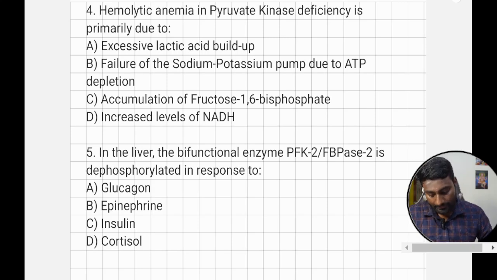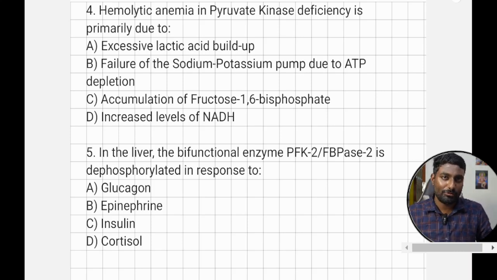Now see it. Hemolytic anemia in pyruvate kinase deficiency is primarily due to. See, I didn't discuss this thing, but you can guess it. Okay. See, our body requires the sodium potassium pump continuously. For the sodium potassium pump to work continuously, it requires ATP continuously.